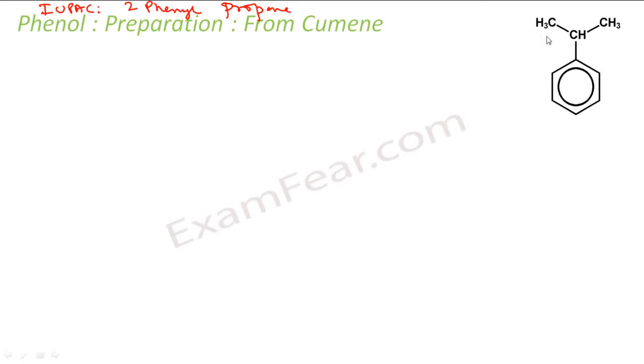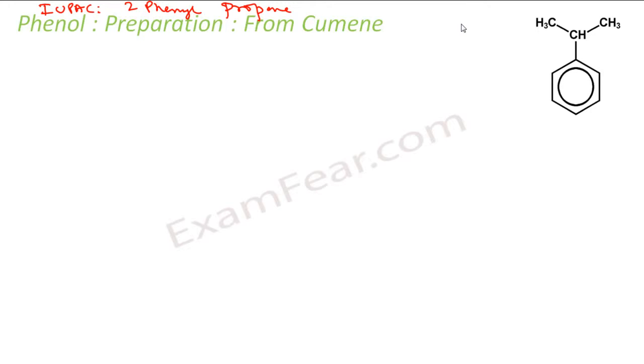The common name is cumene or isopropyl benzene. Very critical compound, and when you oxidize this, it is oxidized to cumene hydroperoxide, and then you can convert this to phenol by reacting it with dilute sulfuric acid.